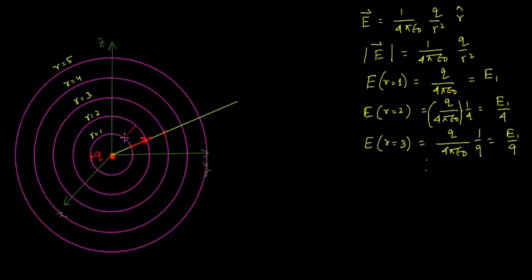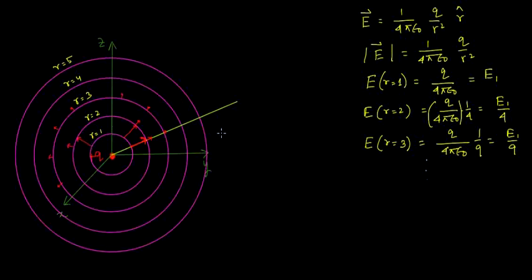These will be the electric field vectors when the radius is 3, and here it will be 1/4, and here it will be 1.